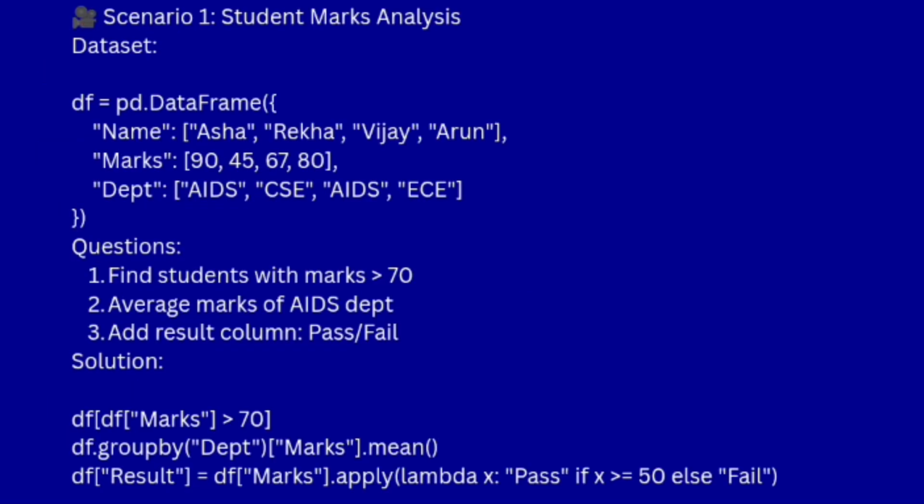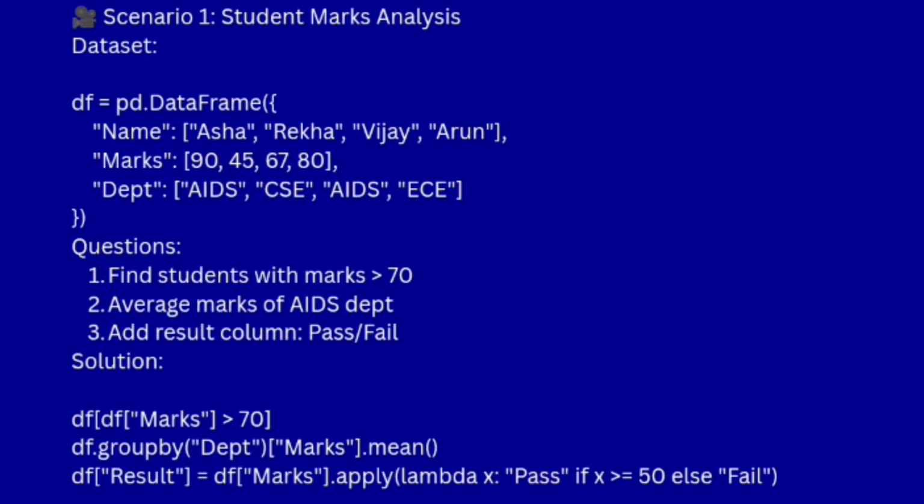Here are some scenario based examples. By seeing this, you can understand what are the things I said before. In the data set, we are creating a data frame, that is name, mark, and department. Now finding students with mark greater than 70 and the average mark of the AIDS department, and a result column, pass or fail.